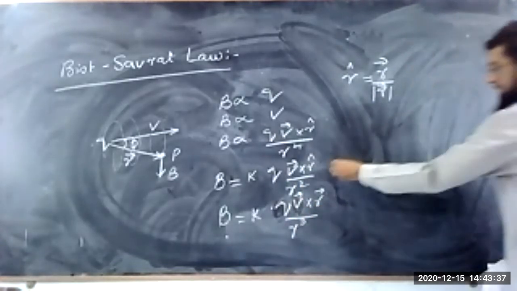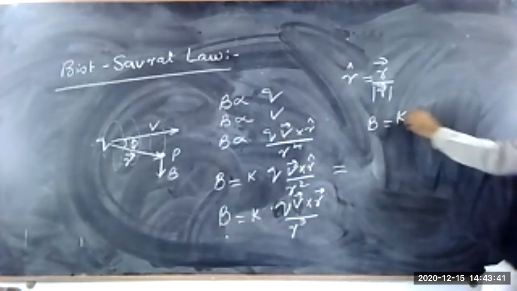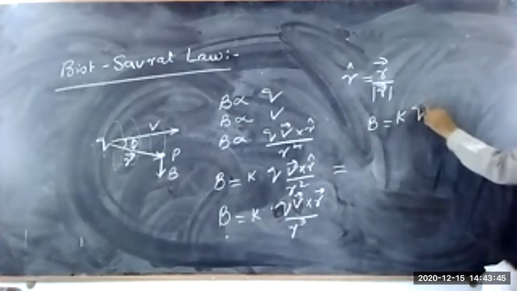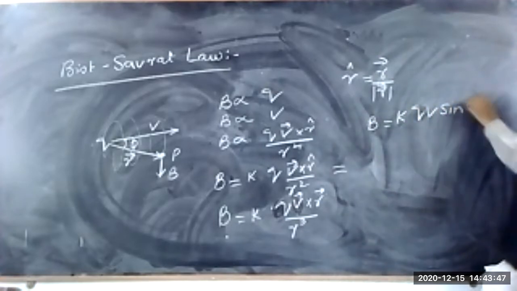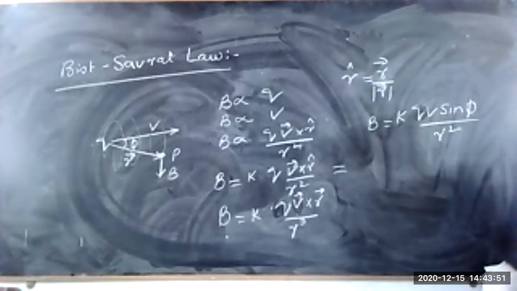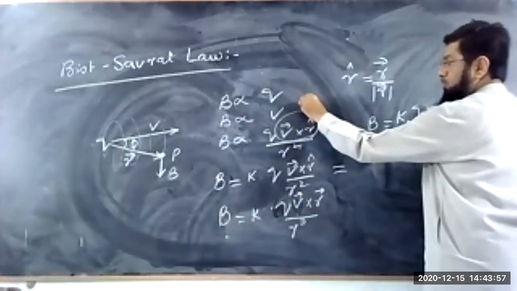So this equation can be written as B is equal to k q v sine of angle phi upon r squared. Here sine of angle phi comes from the cross product.